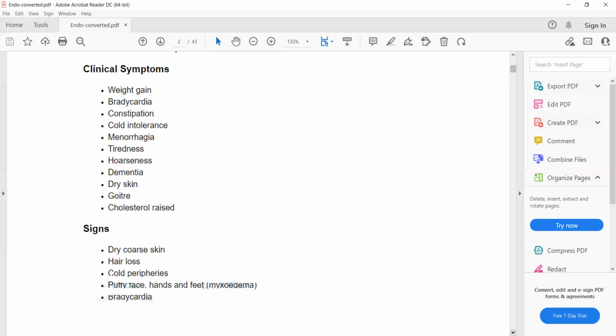One is thyroid stimulating hormone and the other one is prolactin. And prolactin inhibits the gonadotropin releasing hormones such as FSH and LH. Due to inhibition of these two hormones, there is menorrhagia initially and amenorrhea in the later stages of hypothyroidism.